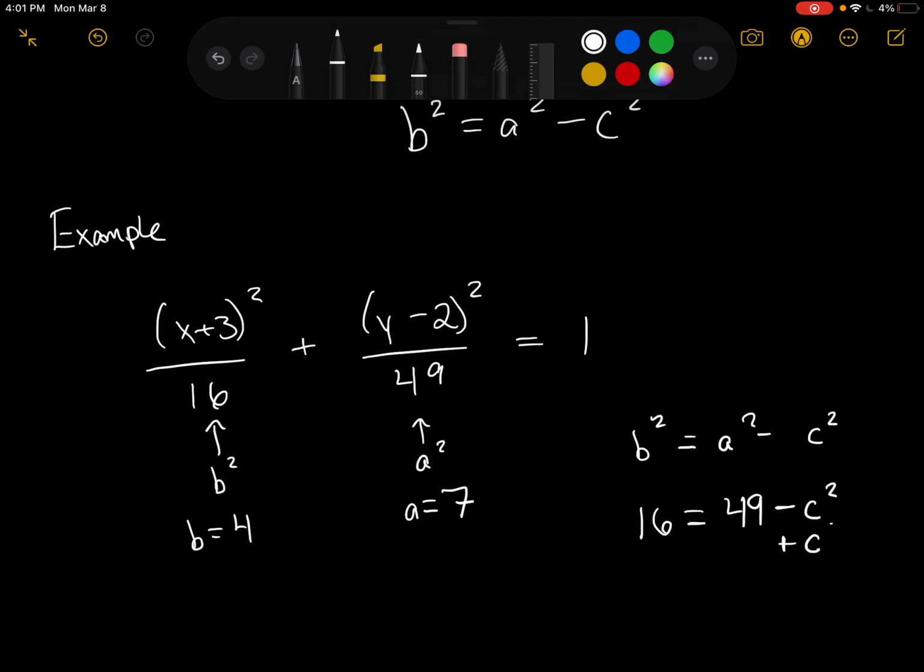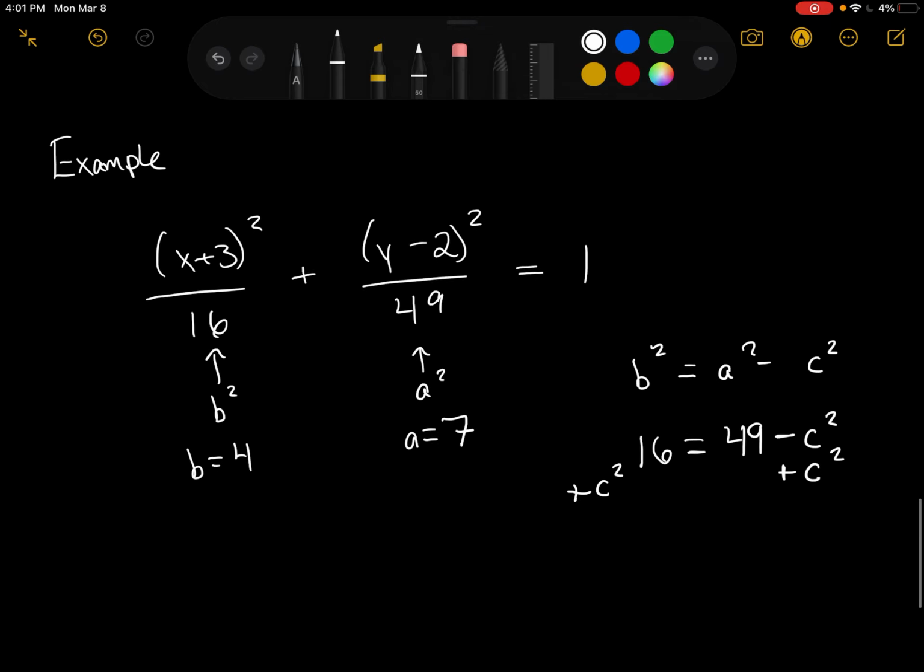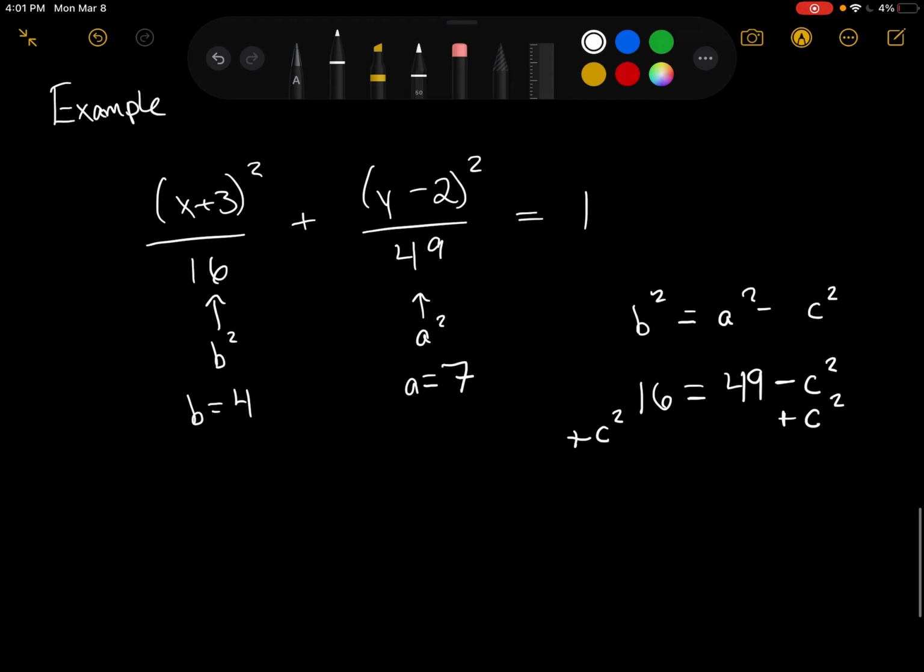So move c squared over to the other side. Maybe this will help if I tilt this up. Once we do that, we'll get c squared plus 16 equals 49.